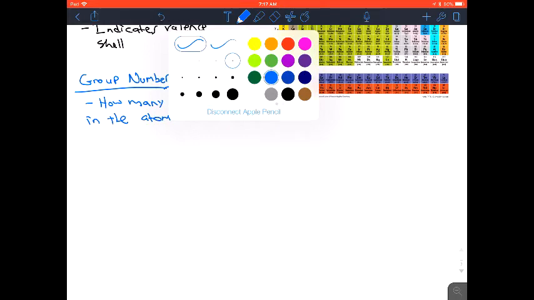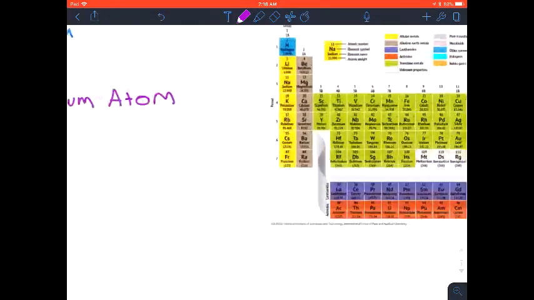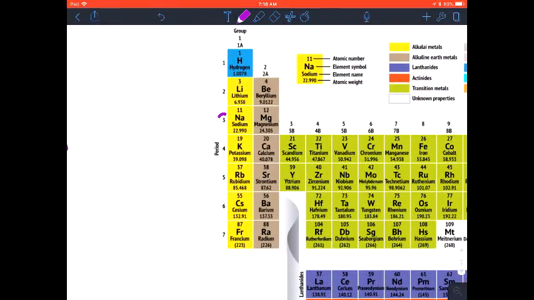All right, so let's say, for example, we're looking at a magnesium atom. The very first thing that we have to do is find magnesium on the periodic table. Magnesium is in period 3, and it's in group 2.